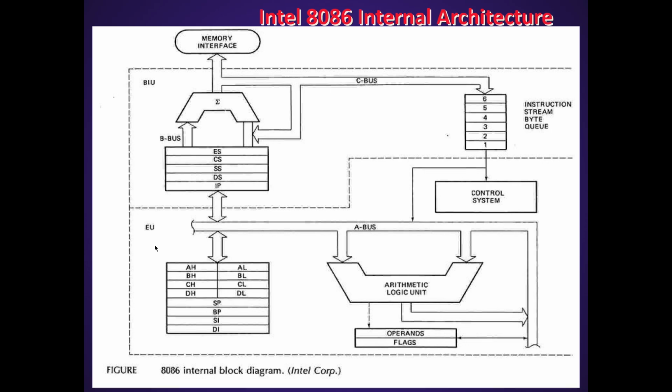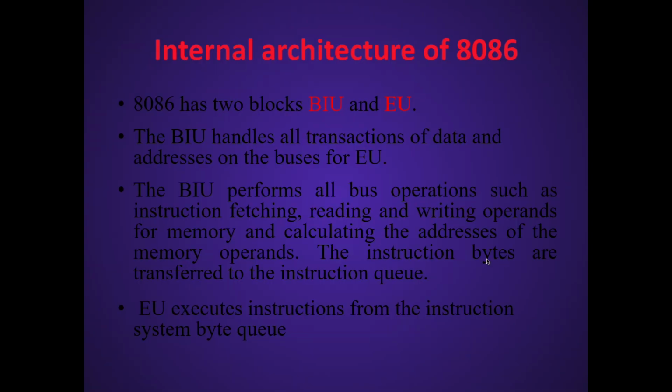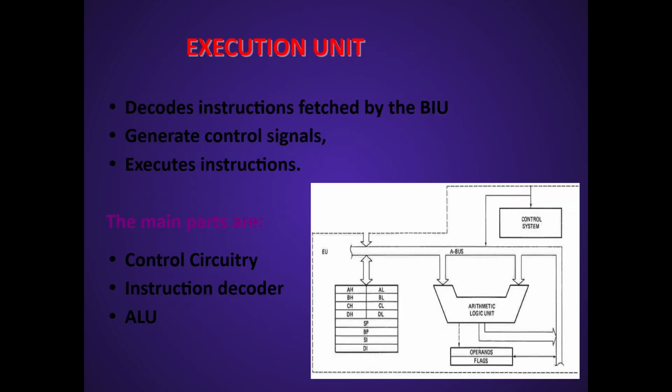And EU is the execution unit, which executes the instruction which is fetched by BIU. BIU handles all the transactions and also performs operations such as fetching, reading, writing operands and calculating addresses. Also, instruction bytes are transferred into the instruction queue, and EU executes the instructions.